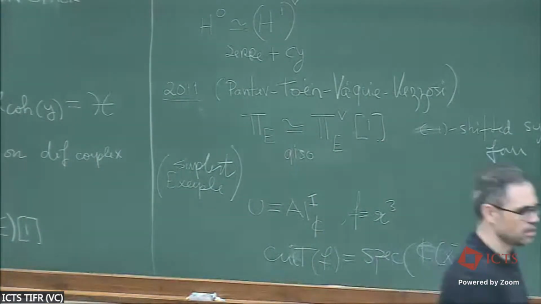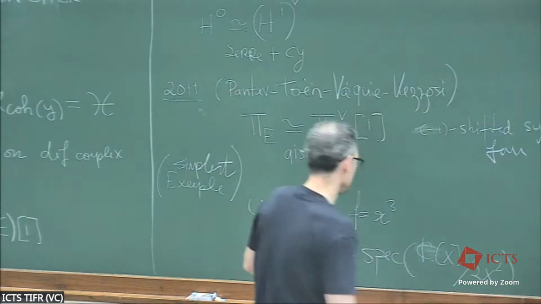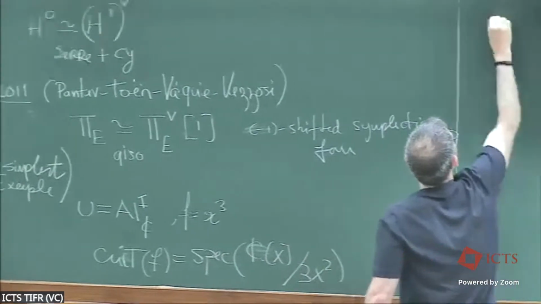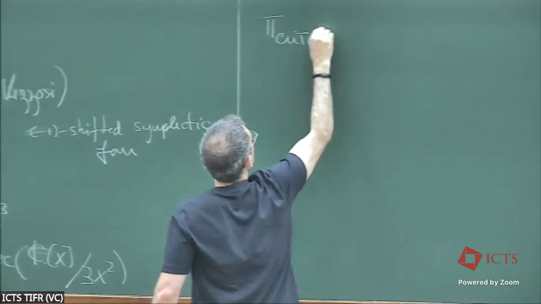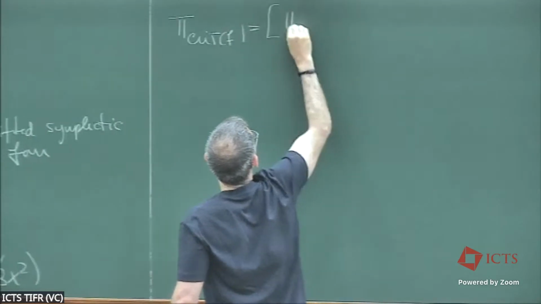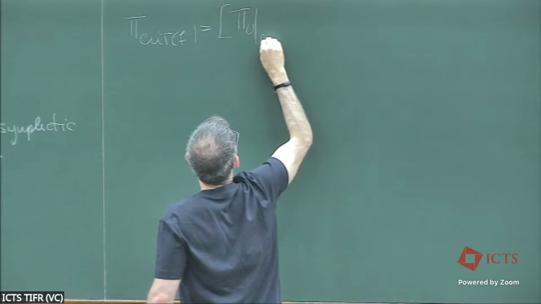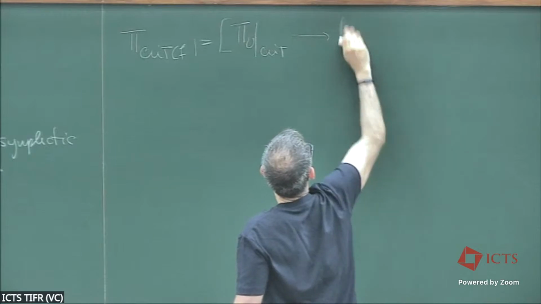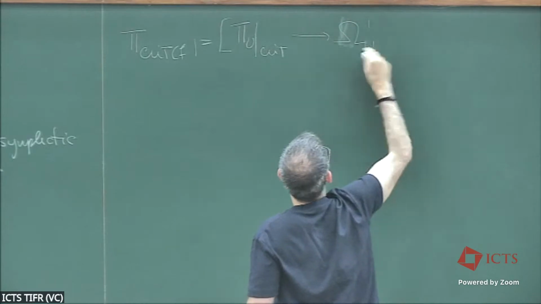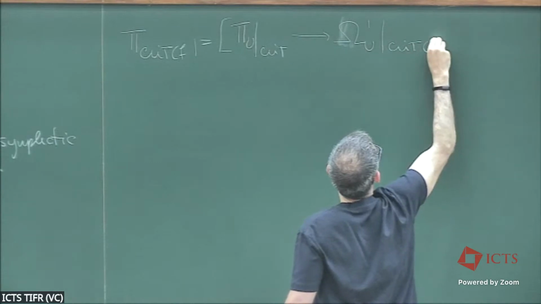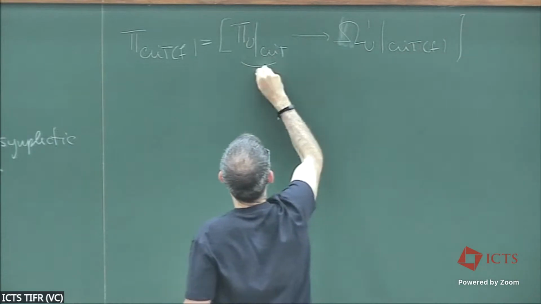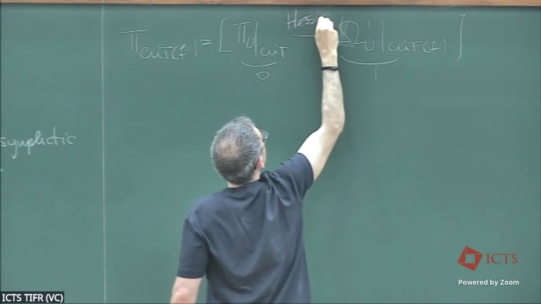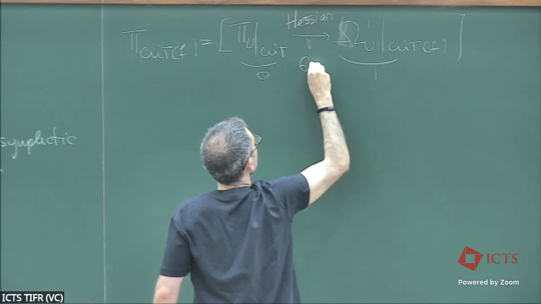The interesting thing is that if I look at the deformation complex of this scheme, the derived tangent complex, what I find is a two-term complex: the tangent of U restricted to the critical points, and the cotangent of U restricted to the critical points, the first in degree 0, the second in degree 1, and between them I find the Hessian, which is just multiplication by 6x.